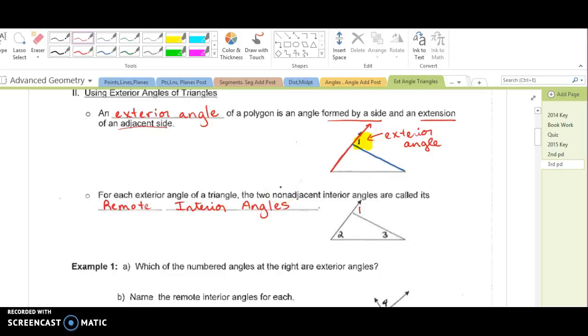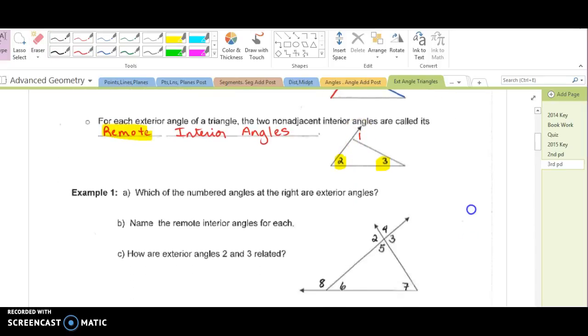That word remote is going to be key, because not only do they have to be interior, inside the triangle, but the word remote means far away from everything else. So in this case it has to be far away from angle 1. I can't have an angle 4 right there and call it remote interior. Angle 4 is interior, it's inside the triangle, but it's definitely not far away from angle 1. It would be adjacent to angle 1.